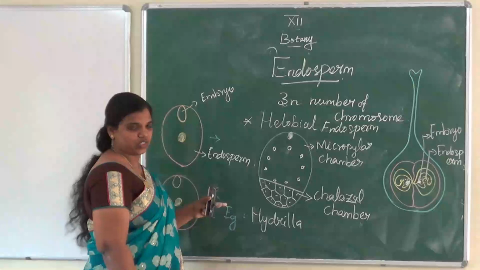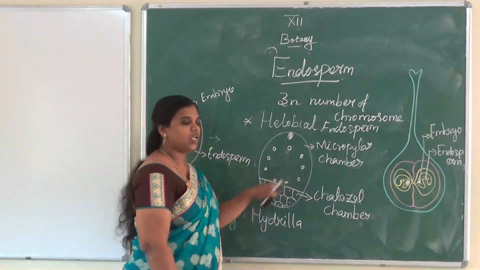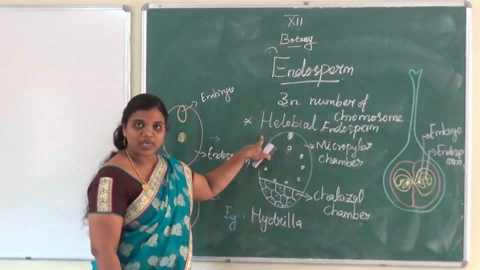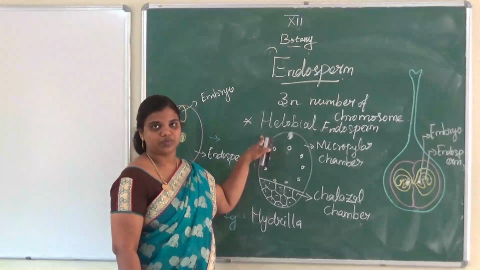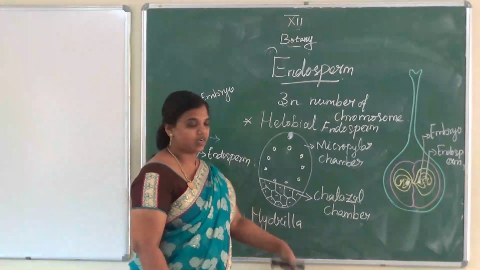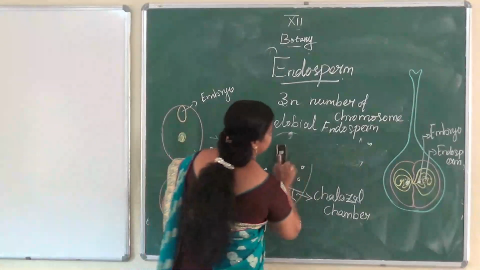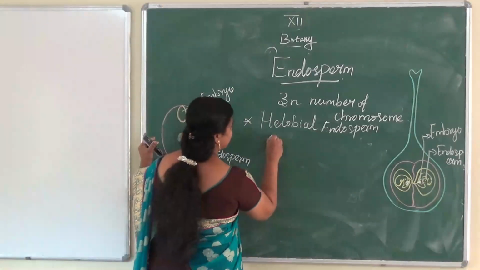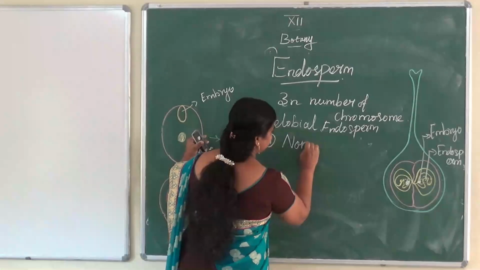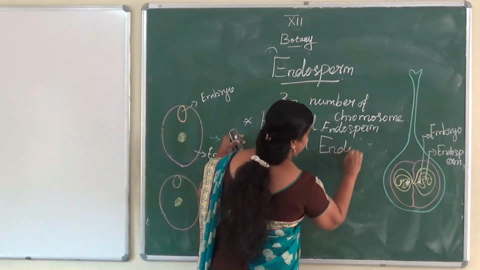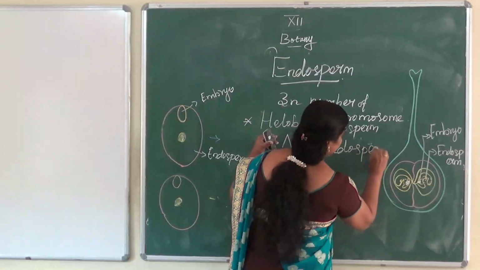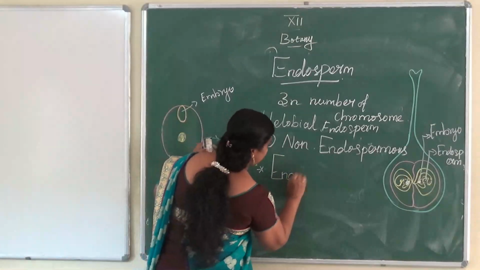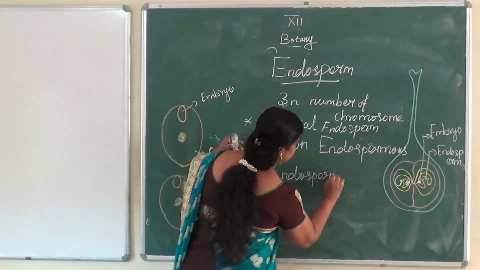Both endosperm types are present: nuclear endosperm is present and cellular endosperm is also present. So we have to say that the endosperm type is helobial endosperm. Based on presence, endosperm is subdivided into two: non-endospermous and endospermous.